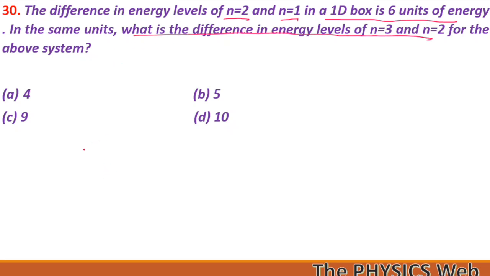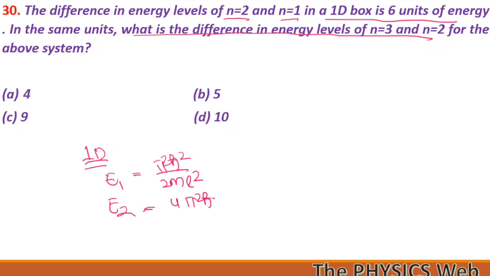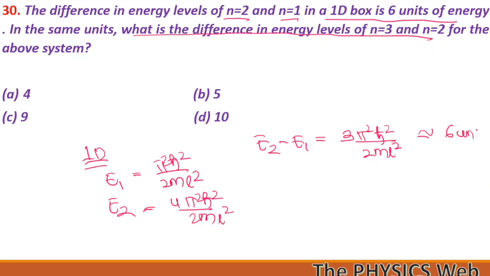You can see for a 1D box, energy with n equals 1 will be π²ħ² by 2mL². Energy with n equals 2 will be 4π²ħ² by 2mL². So the difference E2 minus E1 will be 3π²ħ² by 2mL². So this is equivalent to 6 units.